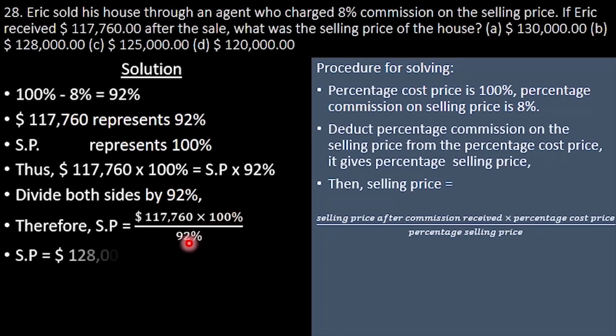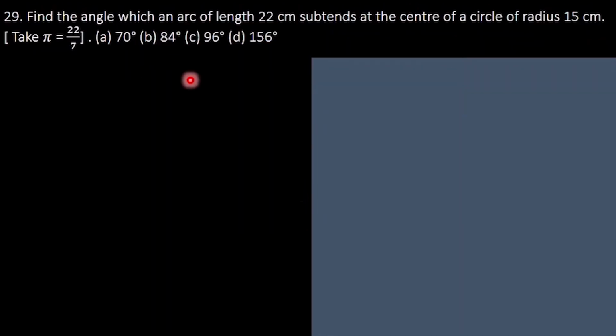When you multiply this together and divide it by 92%, we get $128,000.